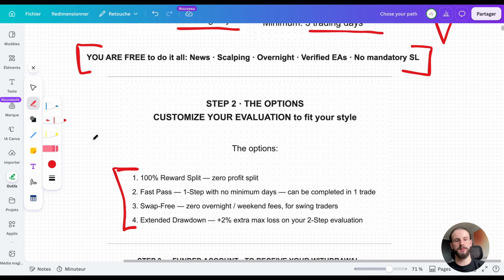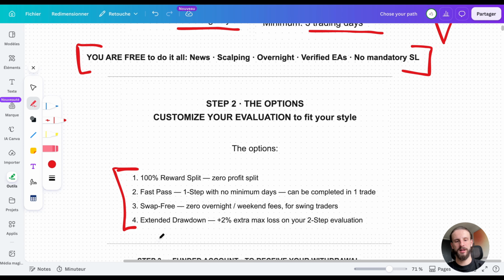The second option is the fast pass option, which is only available for the 1 step. It basically removes the minimum trading days, which means you can complete and pass your evaluation in 1 single trade, in 1 single day. If you want to be fast, if you need capital fast, that option is perfect for you.